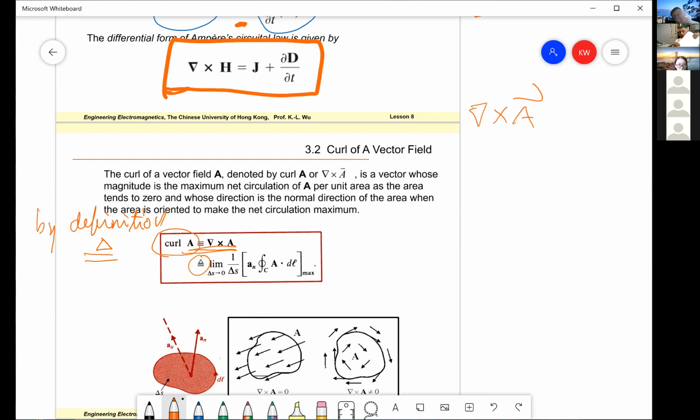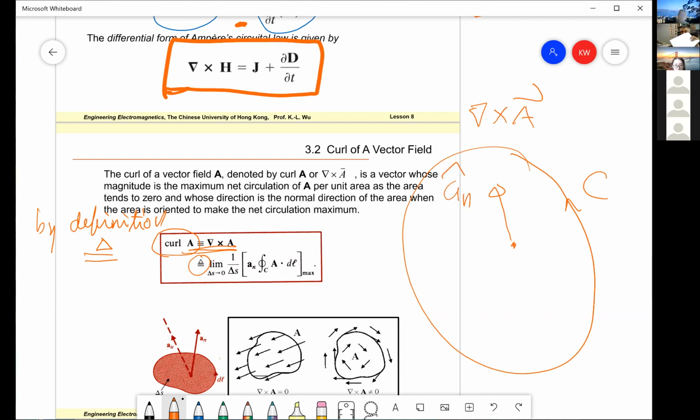Suppose in this region I have a vector field A, and I take the circulation of A. I have a contour C, and a normal direction of the surface bounded by C. The field lines should not intersect, otherwise the solution is not unique.